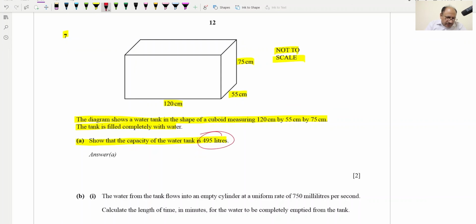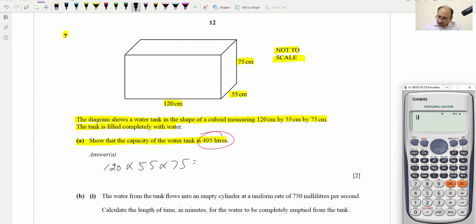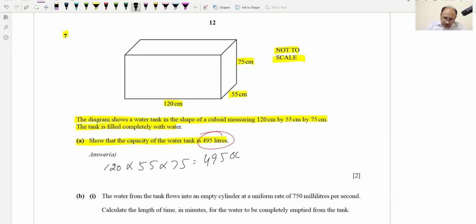So we have to multiply everything: length, width and height. So 120 multiplied by 55 multiplied by 75, and this will be equal to 495,000 centimeter cubed, and this will be divided by 1000.